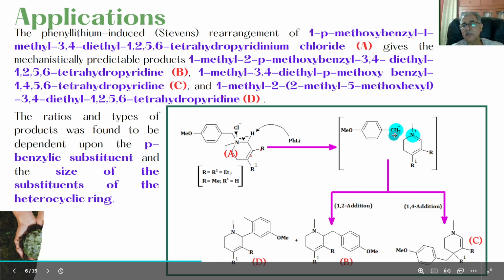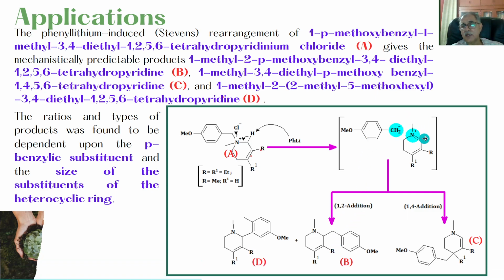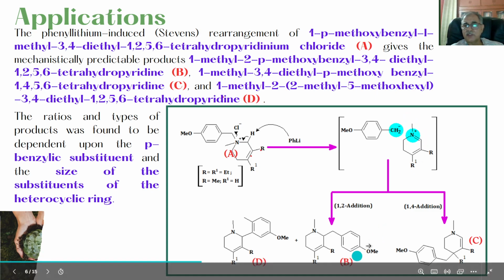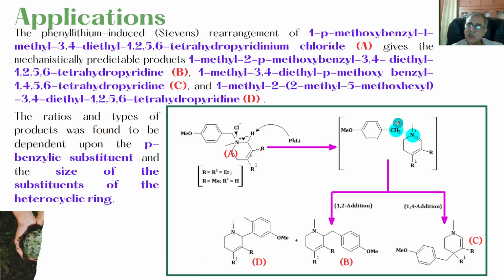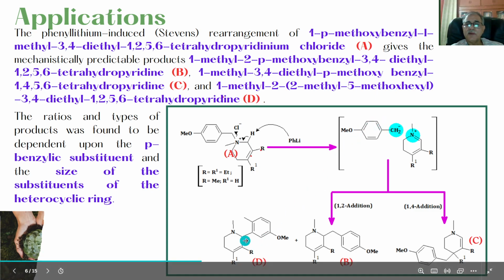One is that this carbanion can attack this nitrogen and this product will be formed, and the other is that this carbanion will form this carbon-carbon double bond and this carbon attacks the carbon next to the nitrogen.